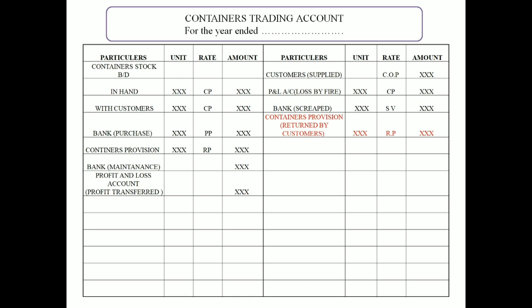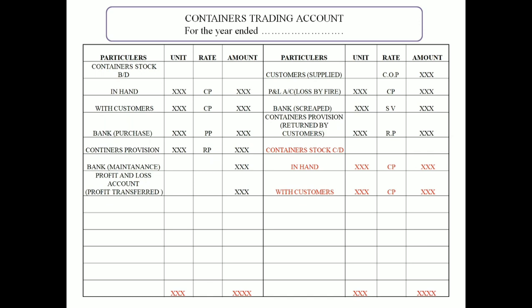After entering all these things, normally you have a closing balance. Then you have to enter the closing balance of containers in hand and with the customer. Just like the opening stock situation, the container stock brought forward situation you have seen, the same way you have to enter these two things, in hand and with customers, on the basis of the cost price.